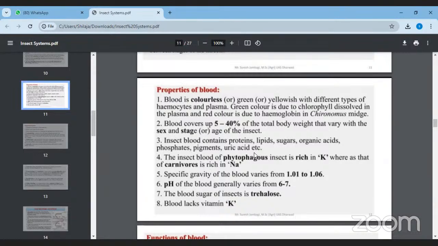After completion of the circulatory system, we will move on to the excretory system. So, if you have understood this particular system well, we can move on.